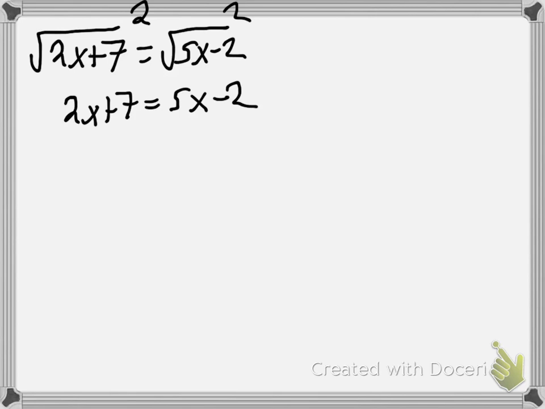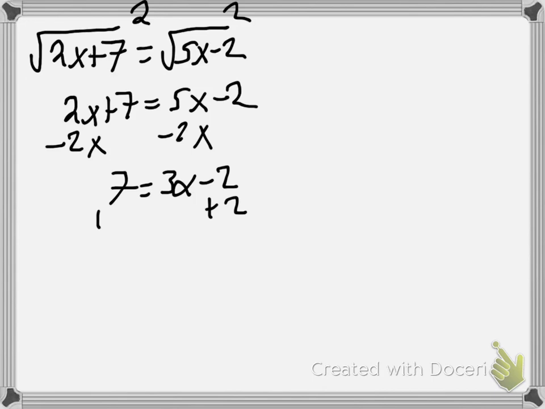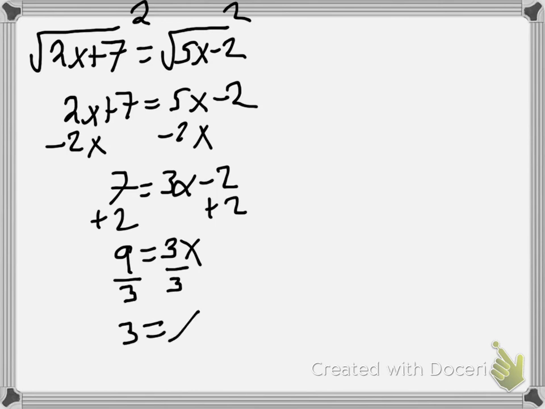And then you just solve it like you normally would. Subtract 2x. You get 7 equals 3x minus 2. Add 2. 9 equals 3x. Divide by 3. 3 equals x. Okay. And we should actually check our answer, so we can do this pretty quickly.